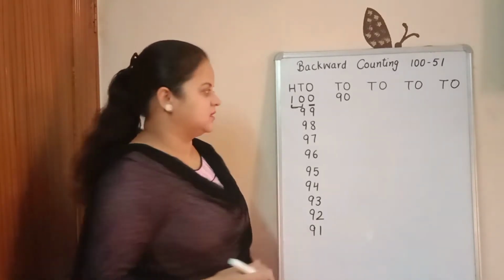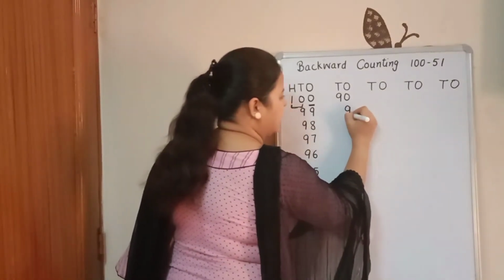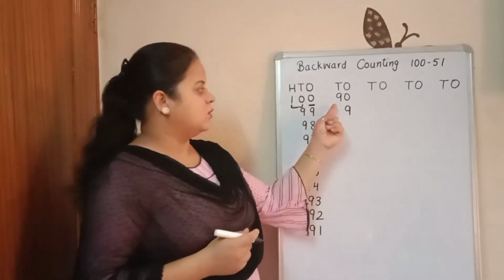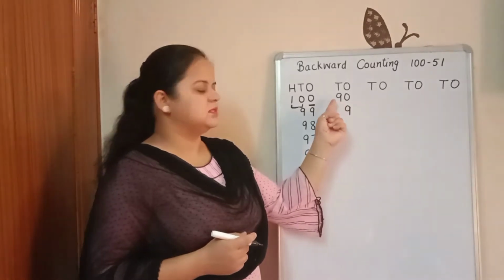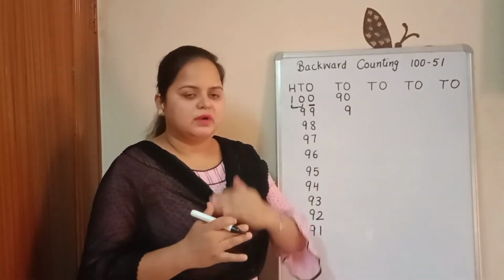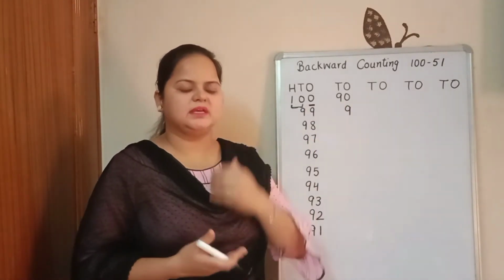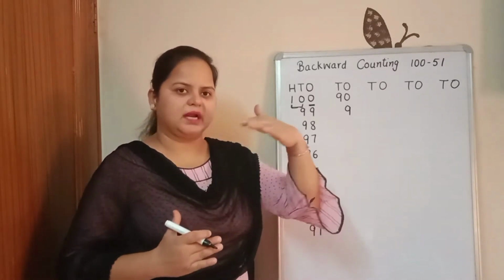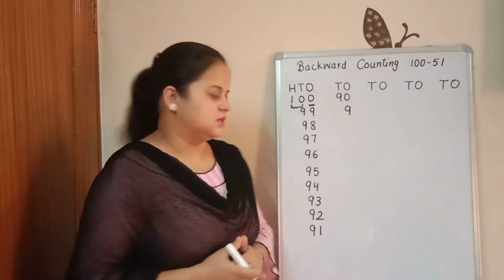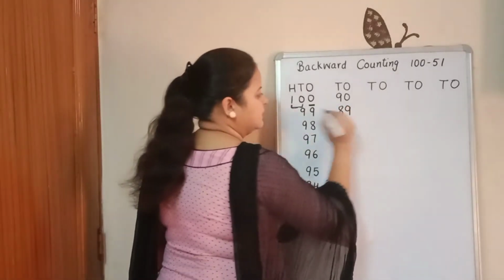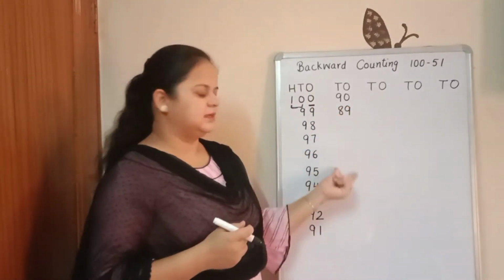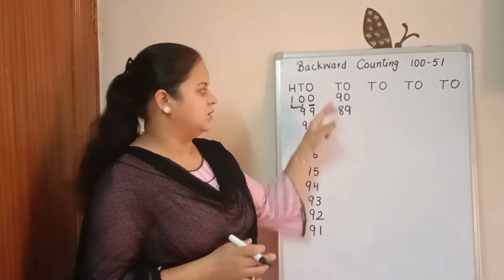Very good. Correct. Here we will write 9. And now on this side you can see number 9. What comes before 9? 9 से पहले क्या होता है? कौन सी लाइन आती है before 9? Good. 89. So we will write the line with number 8 now.